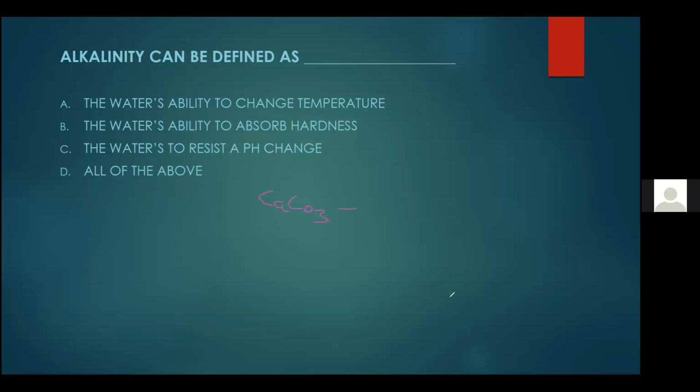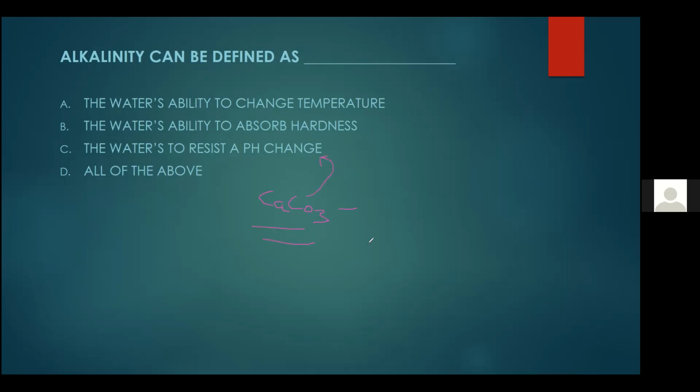And this is called calcium carbonate. And the calcium carbonate is a buffer, right? It's good stuff in the water. It makes the water really stable. The more calcium carbonate in the water, the more it will resist the pH change, which means that water is really stable. So we want that.